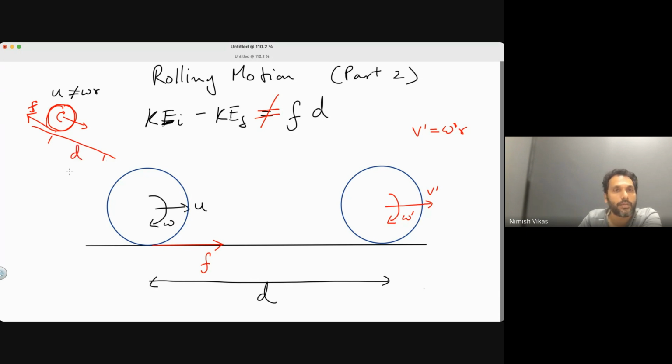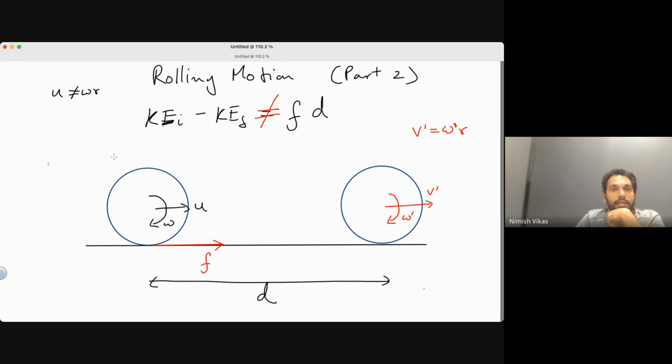How much is the work done by friction? Work done by friction is not F D. Work done by friction is zero, because when the body is pure rolling, it is not rubbing across the ground. If two surfaces rub, when it is skidding and sliding, only then is there work done by friction.